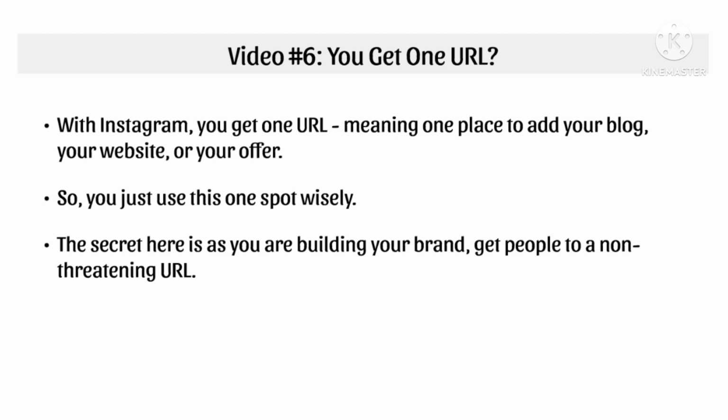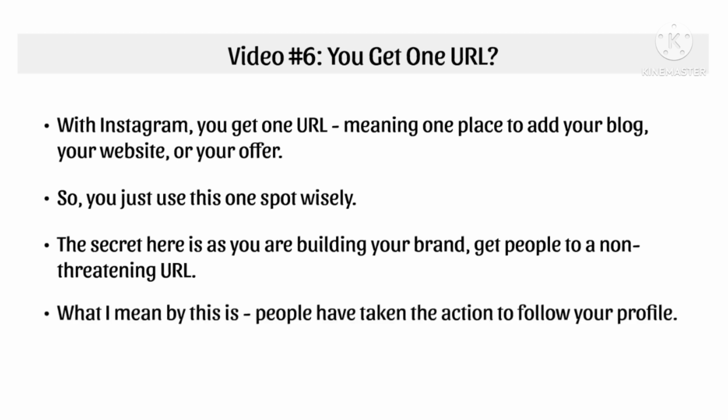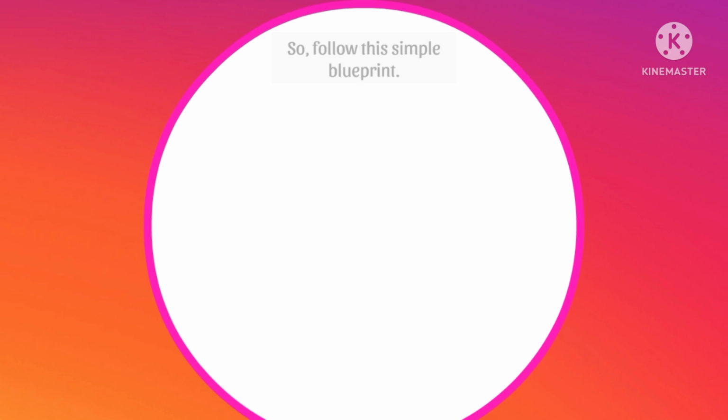So the secret here is because you're building a brand, because you're building a lifestyle, you want to still brand yourself. You don't usually want to just direct people to a sales page. People have taken the action to follow your profile, but they're still getting to know you, right? They're still trying to build that identity, build that relationship with you.